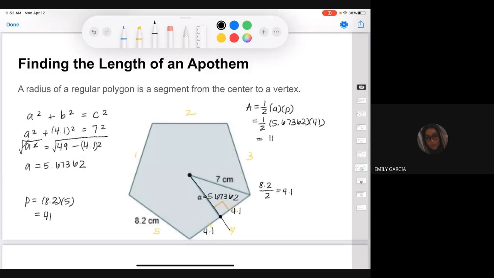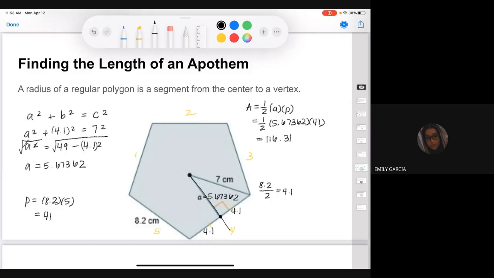Approximately 11.630. Oh, 41. That's why. Hold on. 41. I put 4.1. Try plugging this into your calculator as well. Okay, and that equals about 116.31. So that is my area.